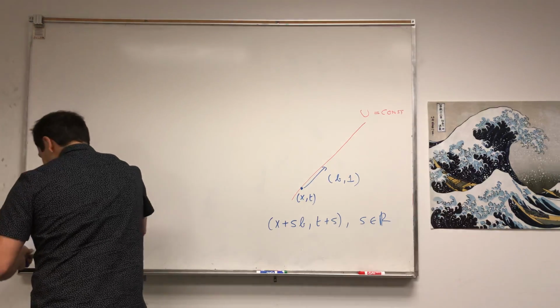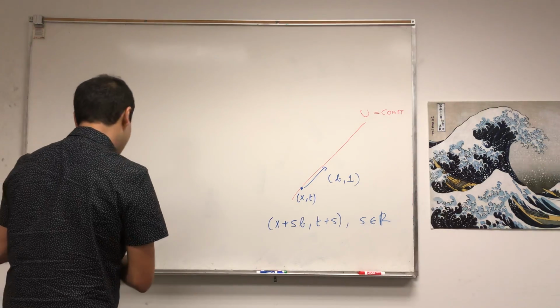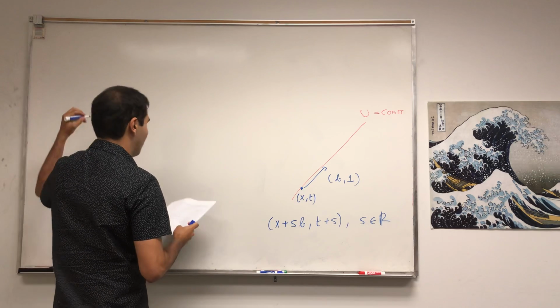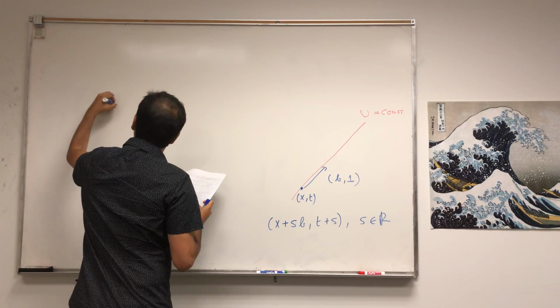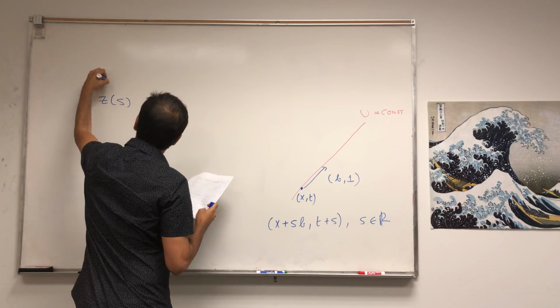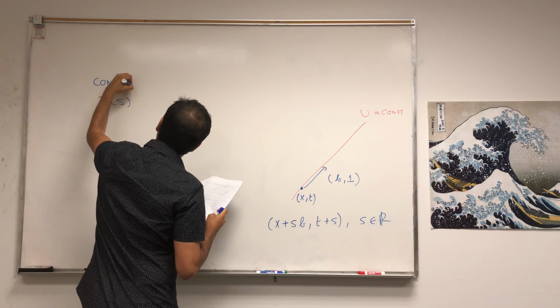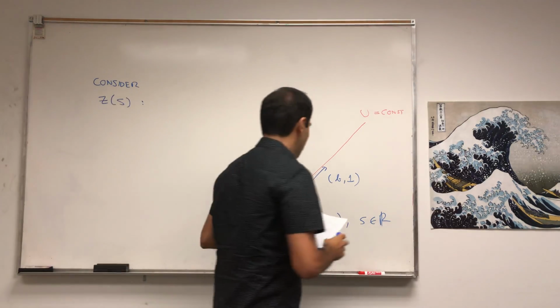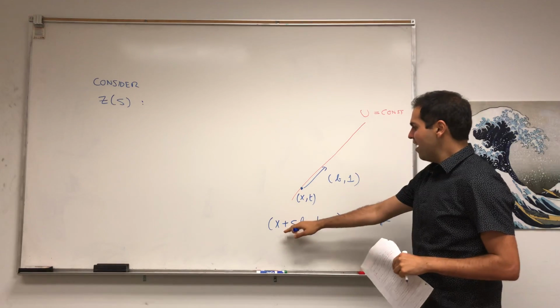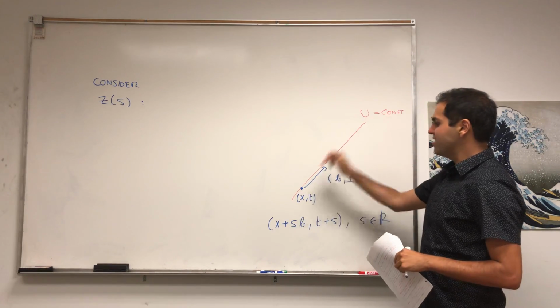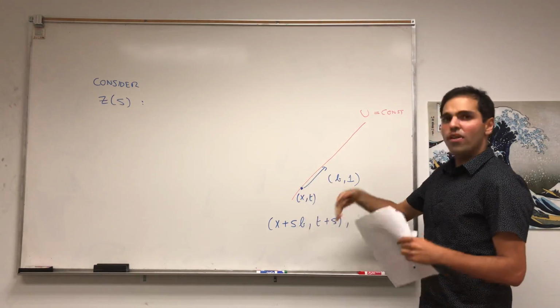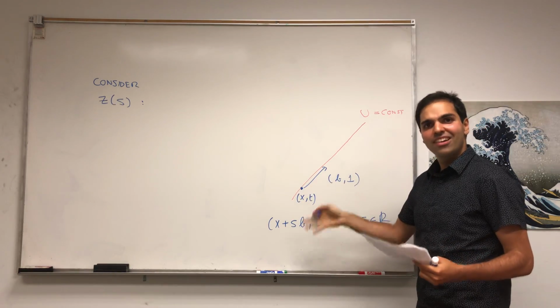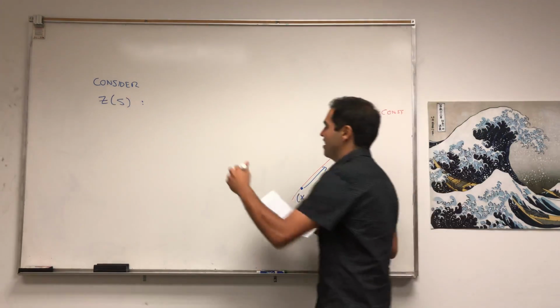So now let me be a little bit more concrete. Namely, consider now the following thing. Well, as I said, u is constant on that line. So in particular, let's consider the values of u on that line.